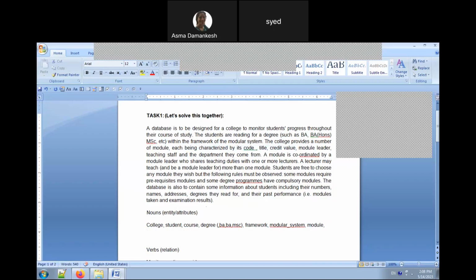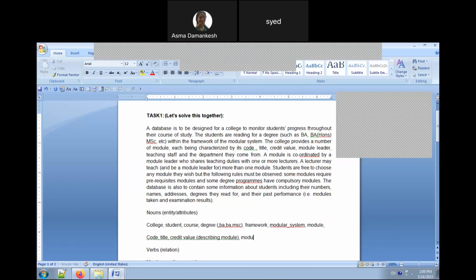So modules, what do we have under modules? We have code, title, credit value, okay? I'm going to put a note here describing modules so that when I look back at this, I know that these are attributes of the modules, okay? And the module leader.